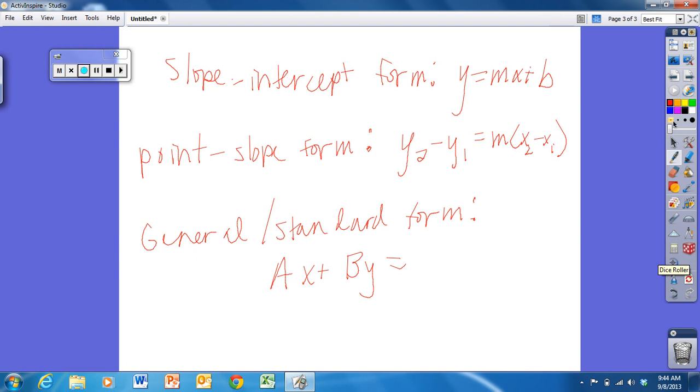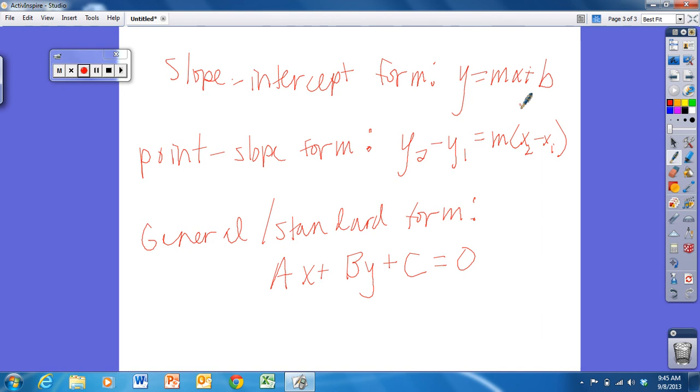I guess they say plus c. I like ax plus by equals c better, but I guess I'm wrong. You're not going to use this very often, but you're going to have to know how to get to this, how to rearrange it so that your equation looks like this. This is the one you should worry about the least. These 2 you have to know inside and out, backwards and forwards.